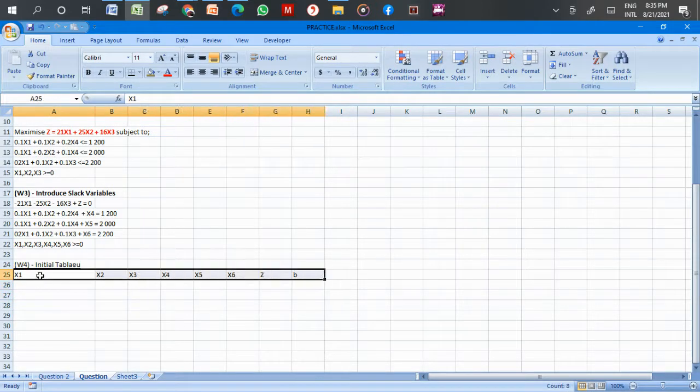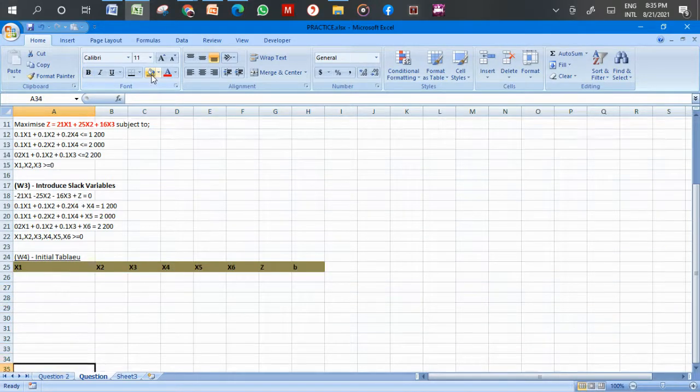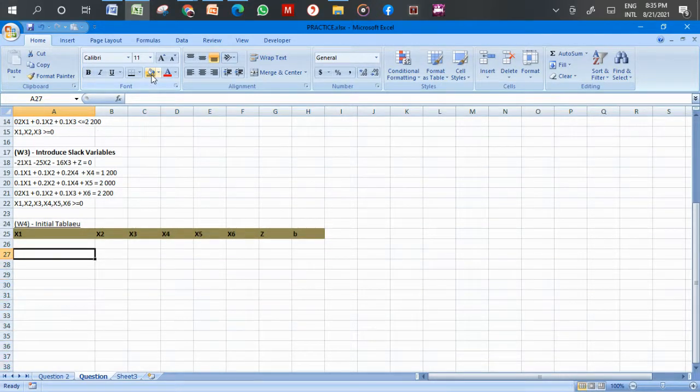You will see what b stands for, but you can call it anything. Now for x1, we are just going to take the coefficients of our first equation, this equation that I am highlighting in red. Let's take the coefficient of x1 there, which is 0.1.